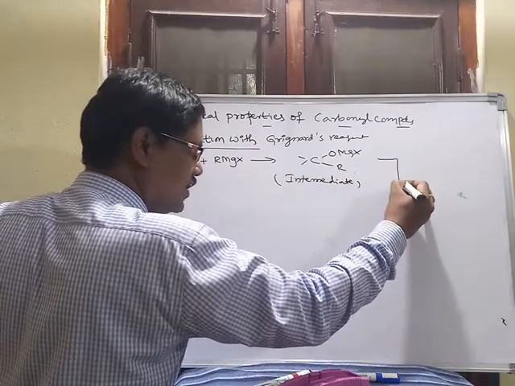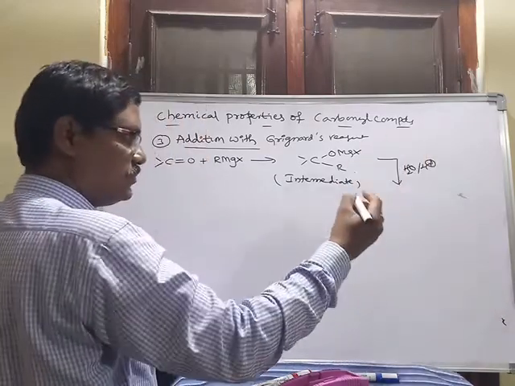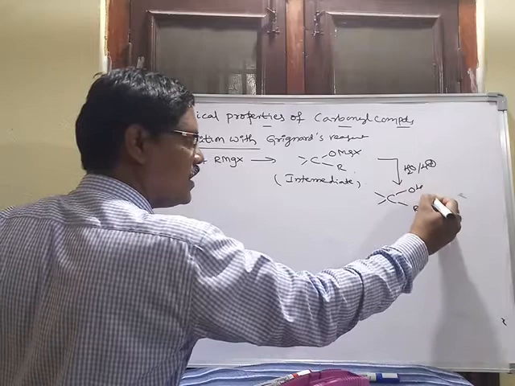The intermediate, when treated with water in acid medium, that is hydrolysis, gives R and OH, called alcohol.